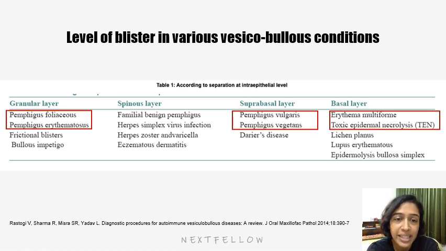In the lower spinous layer, that's the suprabasal layer, most importantly pemphigus vulgaris and a variant of it which is called pemphigus vegetans. And at the basal layer of the epidermis, most importantly erythema multiforme and its most severe form, toxic epidermal necrolysis or Stevens-Johnson syndrome.